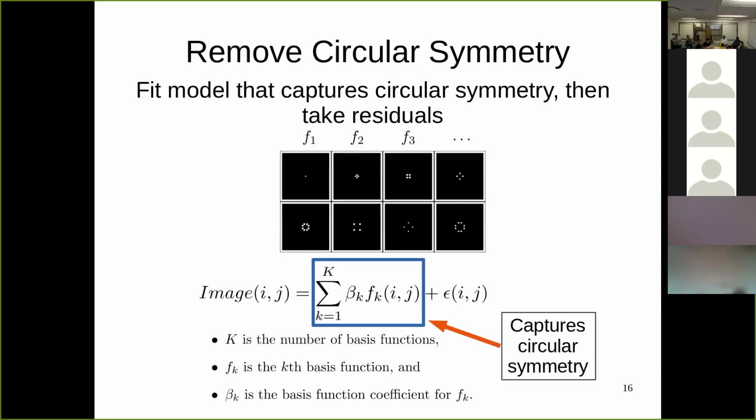For these circular differences in depth, we can't just fit a simple plane like in the previous steps. So we use a linear combination of circularly symmetric basis functions. Each basis function contains pixels that are the same distance from the center. The panel up here shows the first couple of basis functions, and if we use enough of them, they're going to cover all of the pixels in the image.